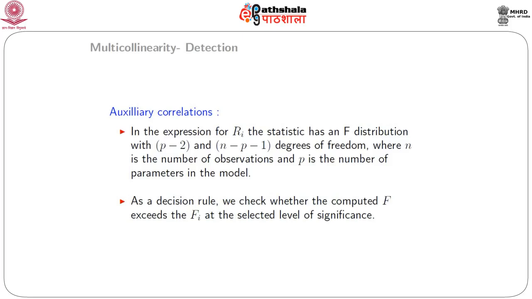If it does, then we say that multicollinearity is present, and for the ith auxiliary equation where we have xi regressed on the rest of the predictors, xi is the source of multicollinearity among the predictor variables.